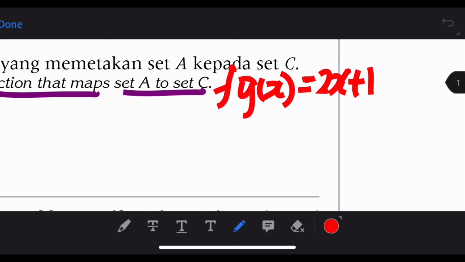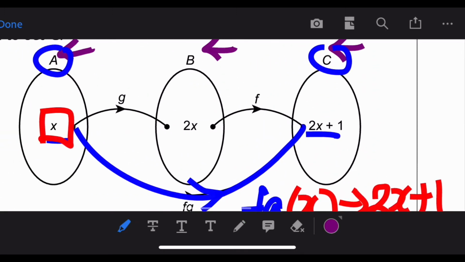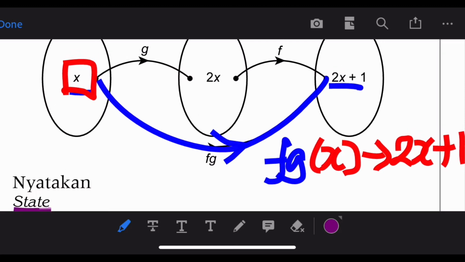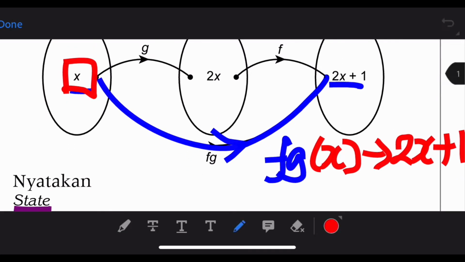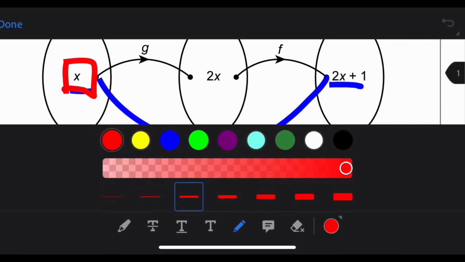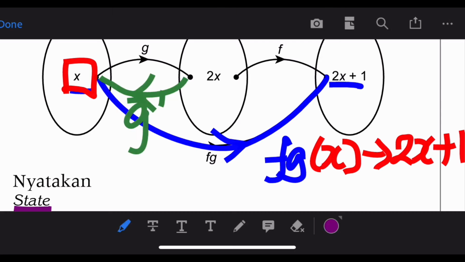Okay, so we have FGX equal to 2x plus 1. So in order to find the function f, we need to find the inverse of G. Let's figure out the concept. Inverse of G is this one. Alright, this is G.